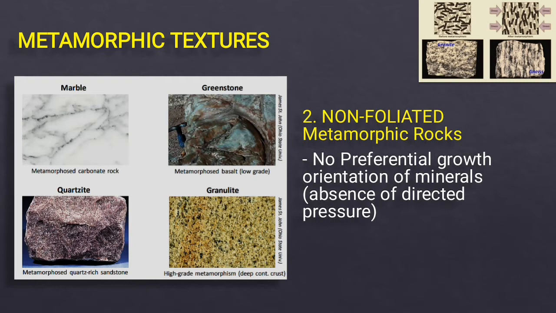While in non-foliated rocks, we have quartzite from sandstone, marble from limestone, and the low-grade metamorphosed basalt, which is greenstone, and the high-grade metamorphism, which is granulite. And another non-foliated rock, we have hornfels from claystone, and we have coal from peat.